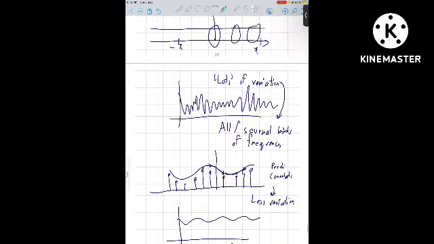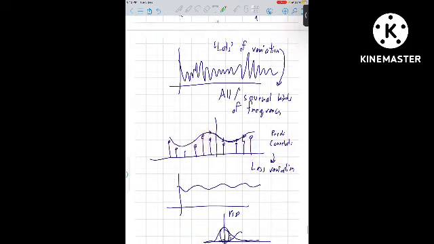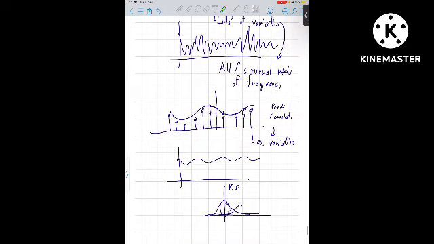When you have less variation, you seem to have a fixed frequency, and when you have a fixed frequency, your power spectral density will be more concentrated around some frequencies. Only a few frequencies will be obtained, the rest of them will be low.